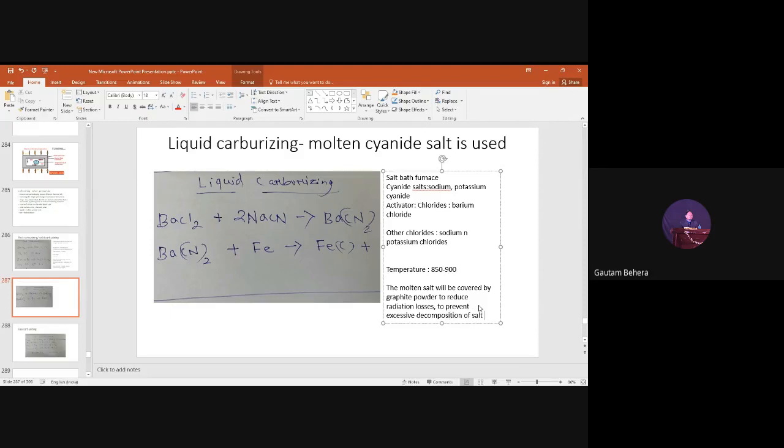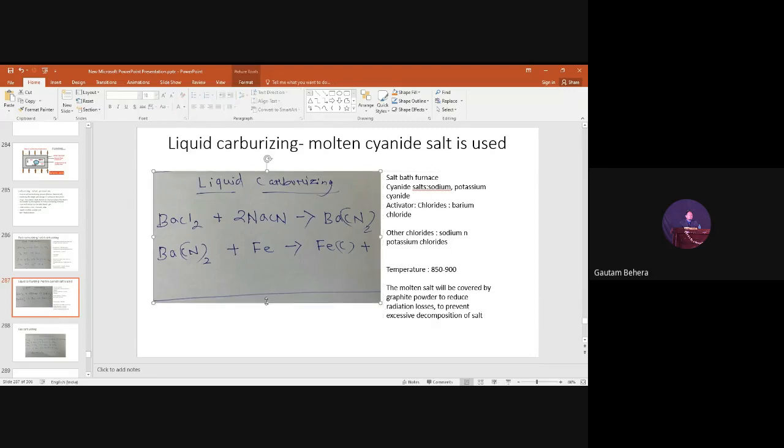So these are the two main reasons. To prevent the excess decomposition of the salt and to prevent the heat losses by radiation, this molten salt will be covered by graphite powder. And barium chloride acts as, what I told, the activator.